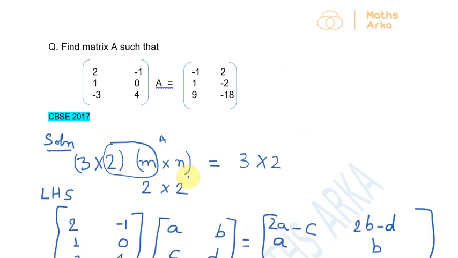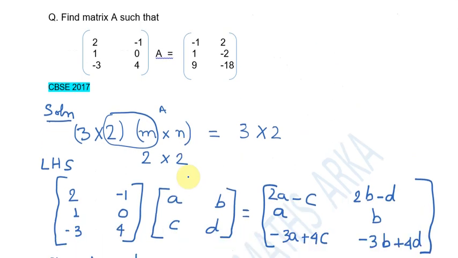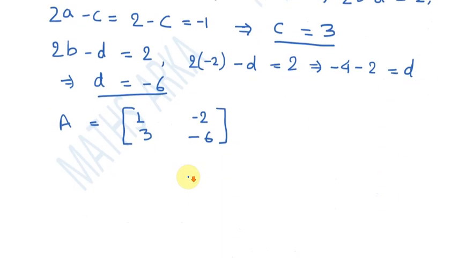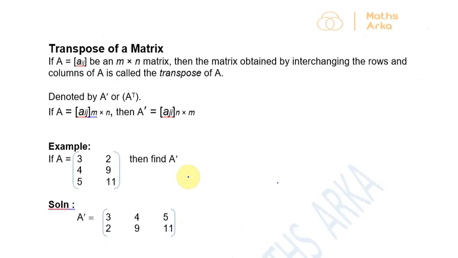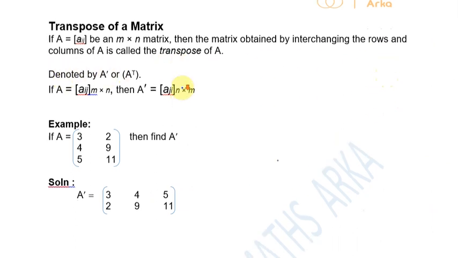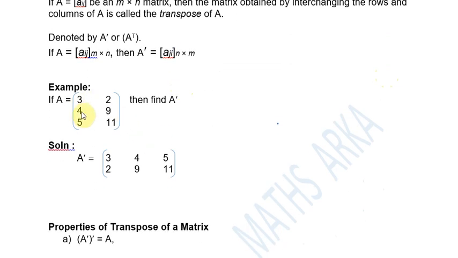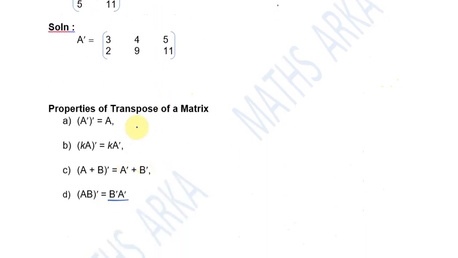Then we solved a few problems. Then we came to the transpose of a matrix. Transpose is nothing but interchanging rows to columns and columns to rows. This was a pretty simple example, and then we jumped on to the properties of the transpose of a matrix.